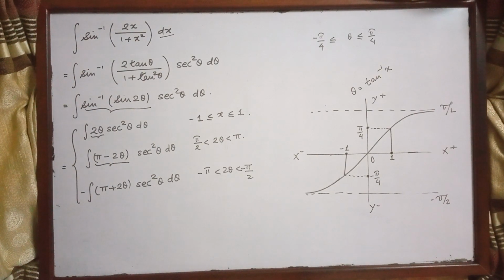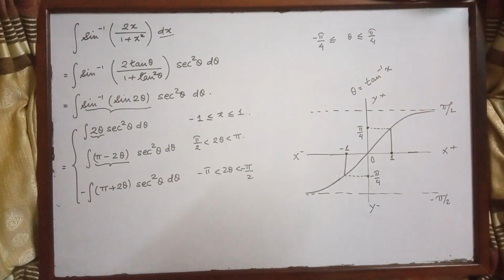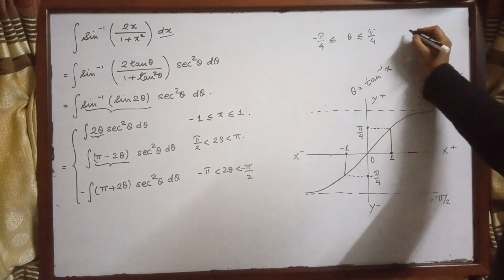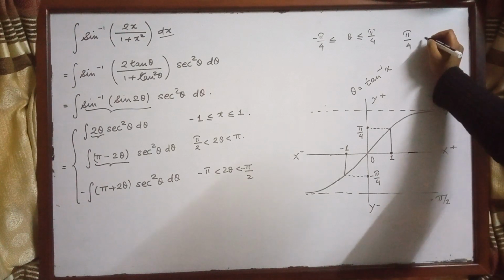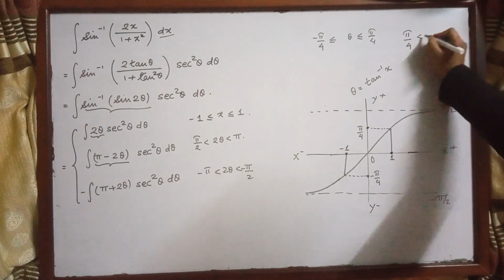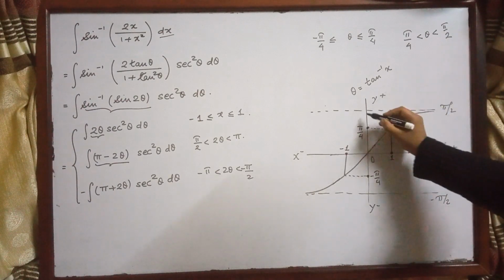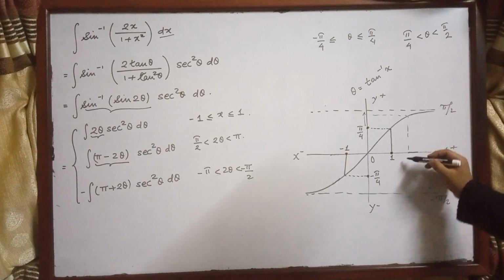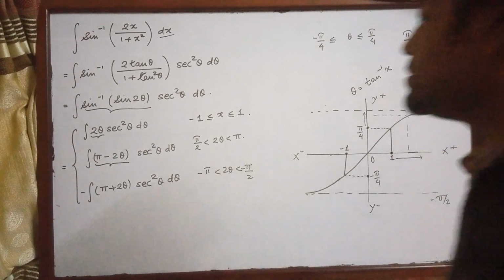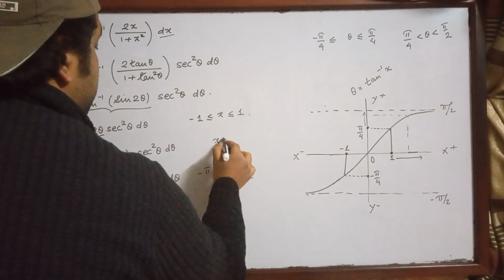Okay, now this will reduce to pi by 4 being less than theta being less than pi over 2. So above this means greater than 1. So this works for the case x being greater than 1.